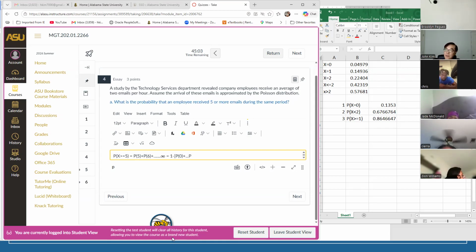The probability of 4. So it is 1 minus the cumulative up to 4.